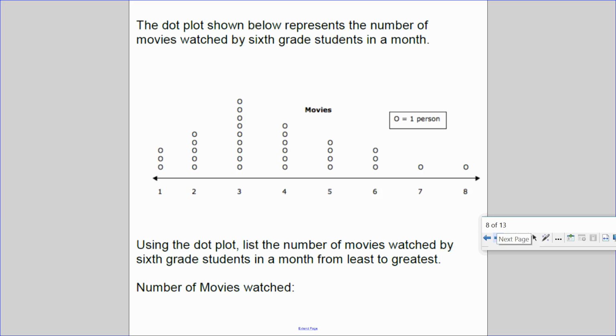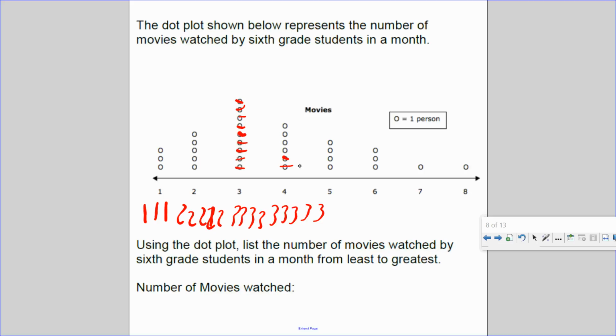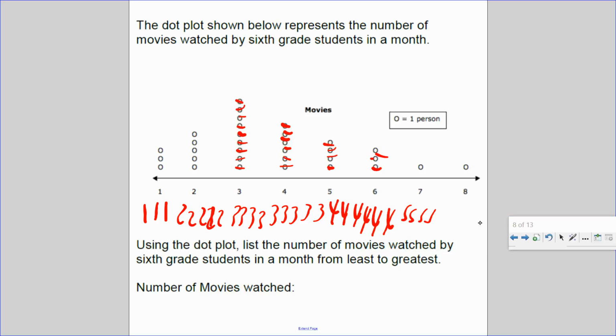And the last thing we're going to do is, looking at a dot plot, can you interpret the information here? We have the dots stacked above 1, 2, 3, 4, 5, 6, 7, and 8.